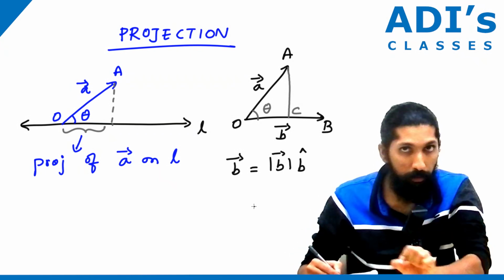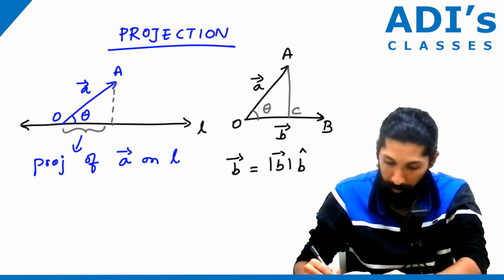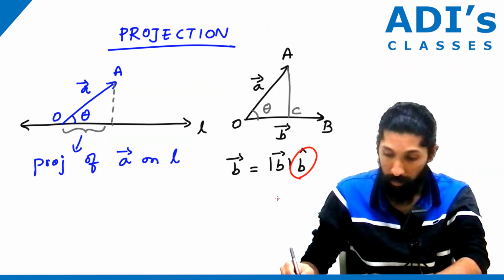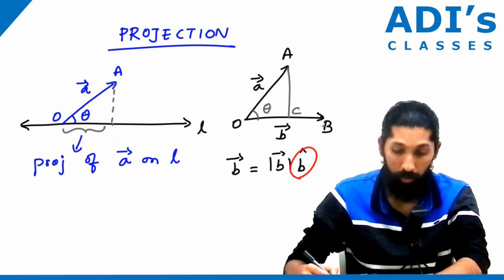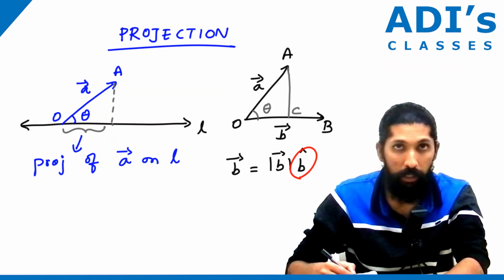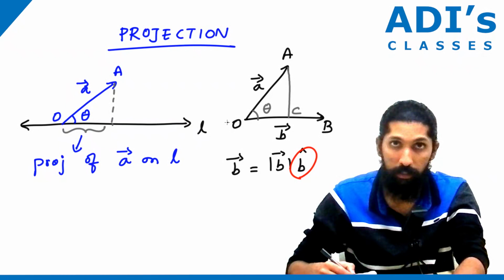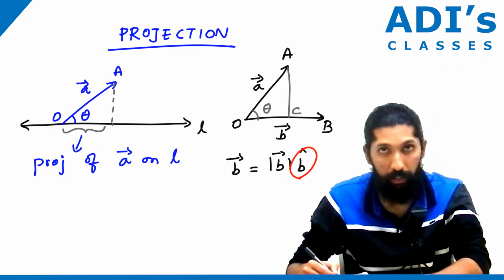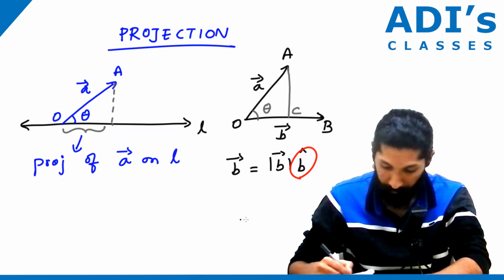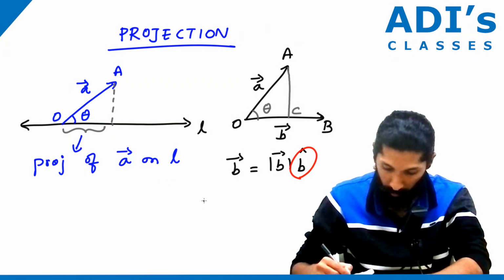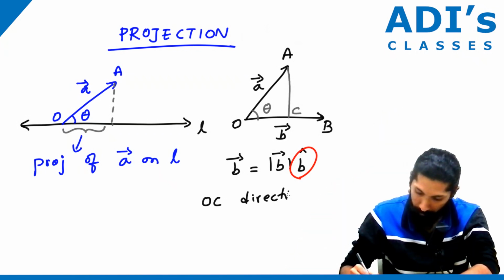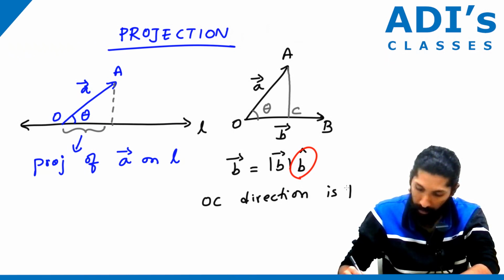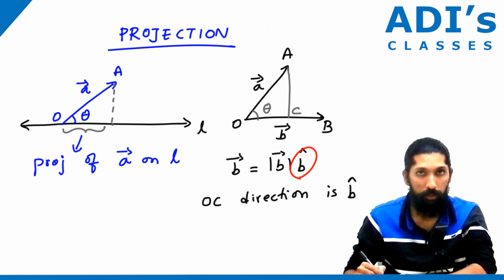Its direction is given by B cap, isn't it? So the direction of vector B, or you can say the direction of OB and OC, in both cases the direction is nothing but B cap itself, correct? So we can say OC direction is B cap.